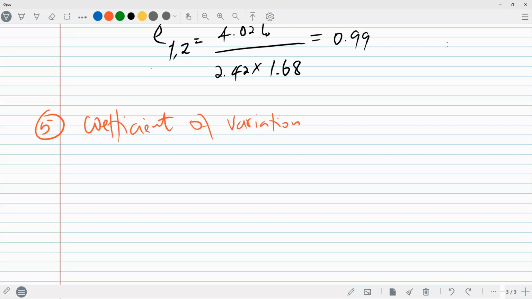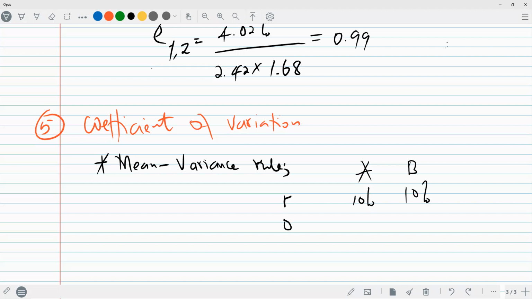Let me just put it here before we even discuss the method. The mean variance rule. From what you've learned, if you have two assets, A and B, A has a return of, let's say, 10%, B 10%. The standard deviation of A is, let's say, 3%, and for B is 5%.